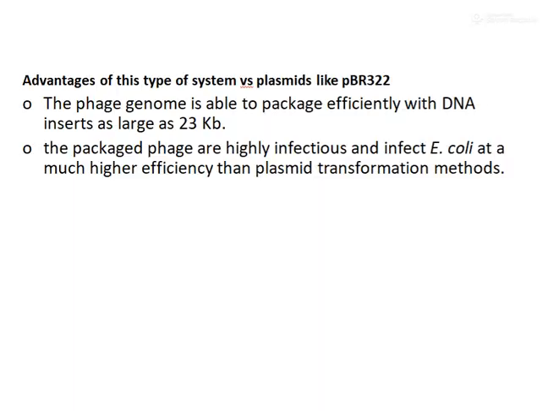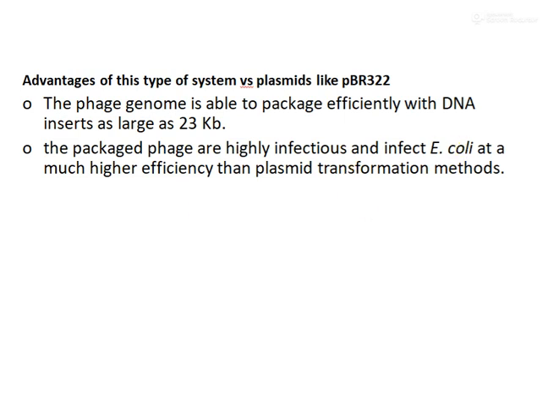Now, they have some advantages over the plasmid system. You can insert a large amount of DNA, approximately 23 kb, and the packaged phage is highly infectious and infects E. coli at a higher efficiency than plasmid transformation methods. So it's an easy method to infect the host cell.